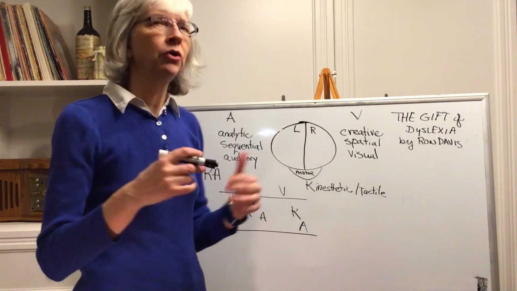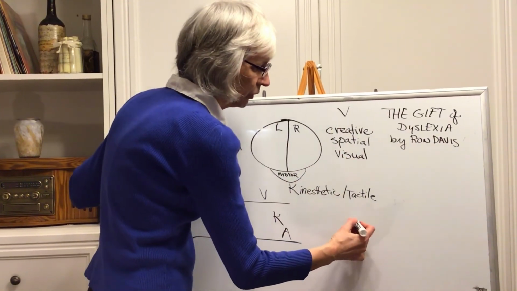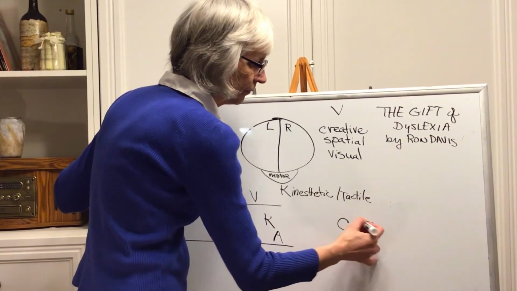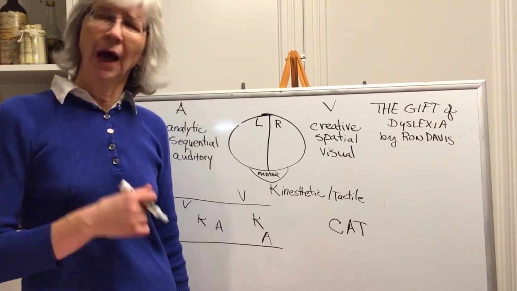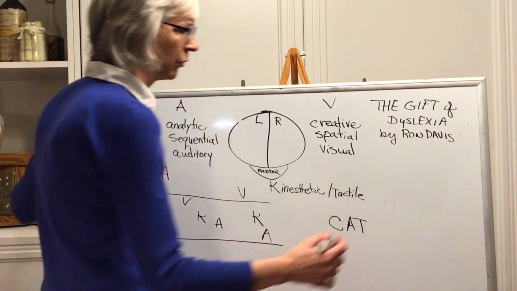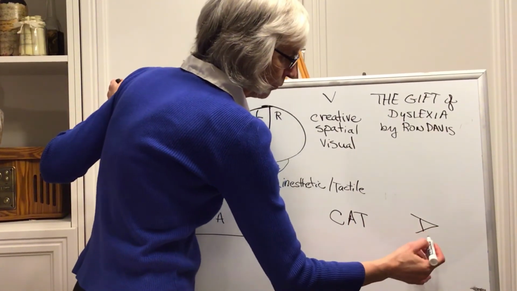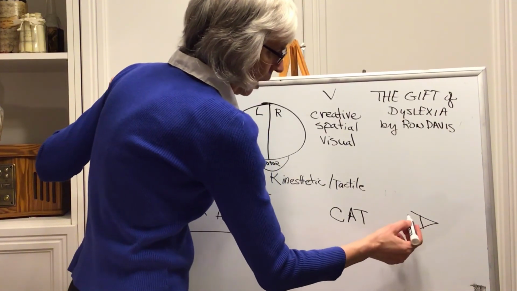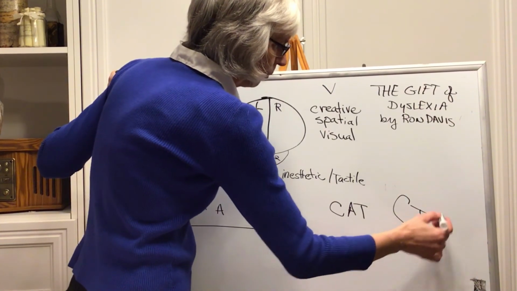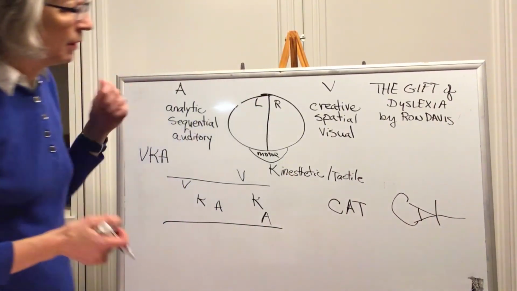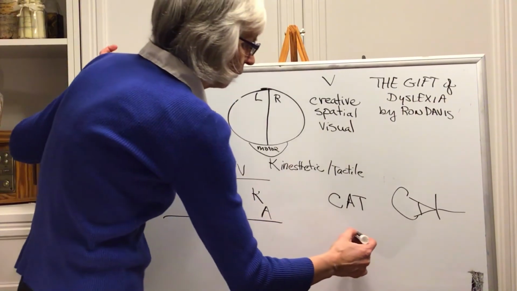So they go to read the word cat, and the teacher puts up on the board C-A-T, cat. And the student goes, well, that doesn't look like a cat, but maybe if I spin things around, it might. What if I put the A this way, and I'll put the C here, and then I'll put the T this way. Well, maybe that looks like a cat. Or maybe I could do it this way.